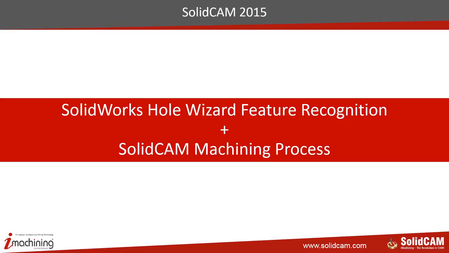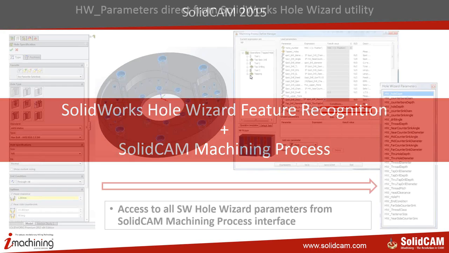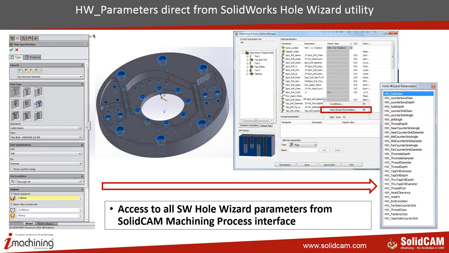If you remember from our last couple of webinars, we talked about SOLIDWORKS Hole Wizard feature recognition, where we now recognize the parameters that SolidWorks itself gives us from the Hole Wizard.